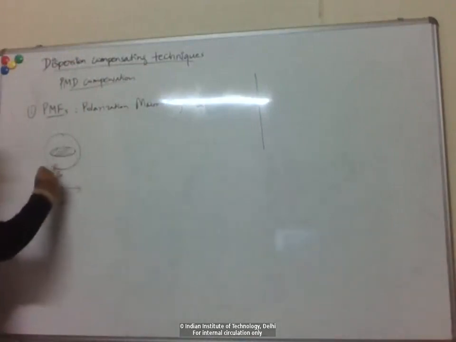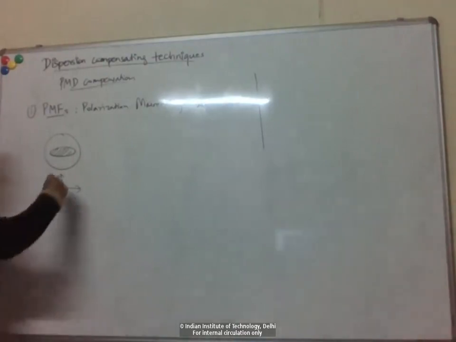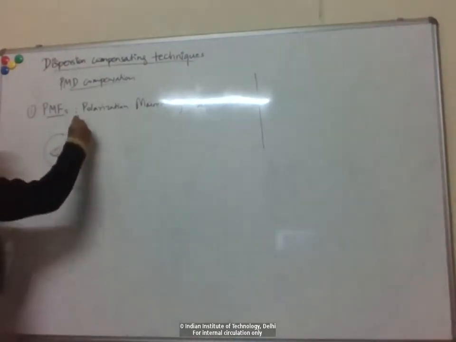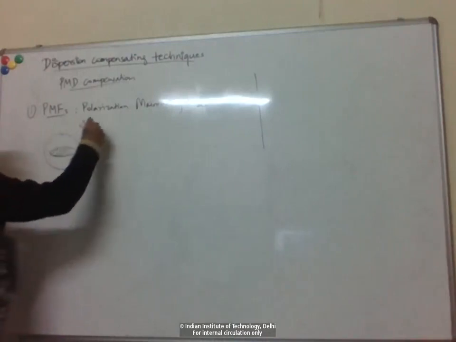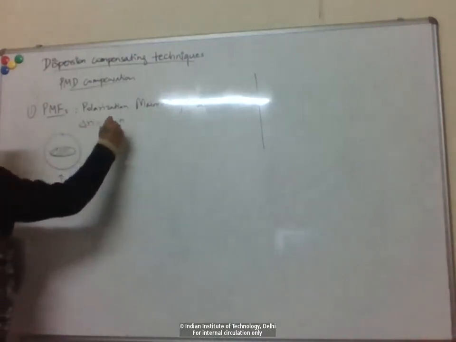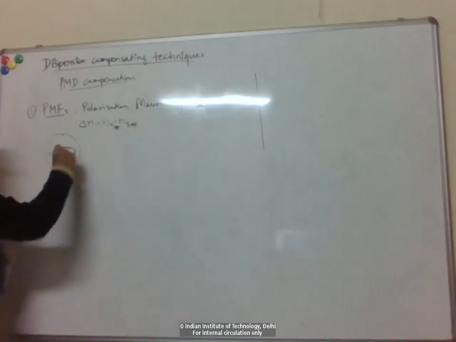And we also know the direction in which the birefringence is. So we know the fast and slow axis. And so here we deliberately introduced a birefringence delta n between the effective indices of the x and y polarized modes, which is quite big.